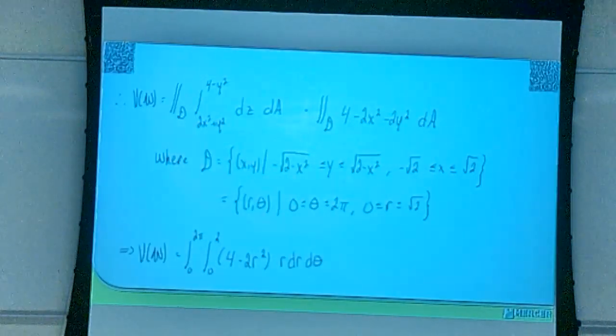Oh look, there's no theta anywhere. So we can integrate with respect to theta first, and that gives us 2 pi. Factor out 2 as well. That is what we're going to be left with.